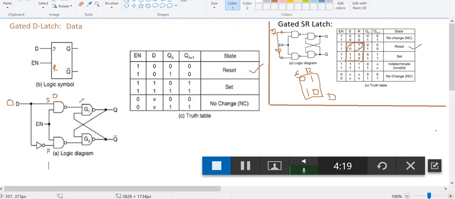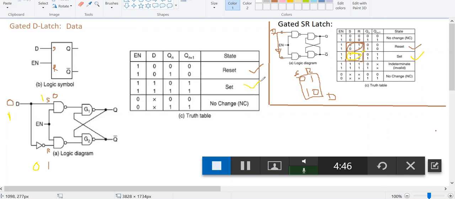In the second condition, if I consider D equal to 1, my input at S is equal to 1 and at R is equal to 0, which I am representing with yellow. When it is the 1 and 0 condition, my output is obviously the set state.